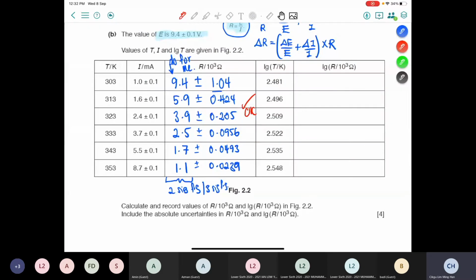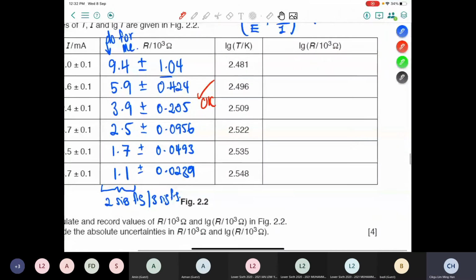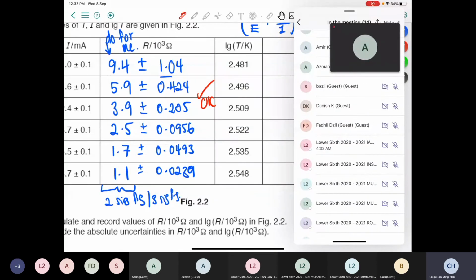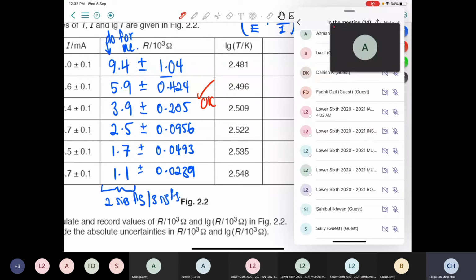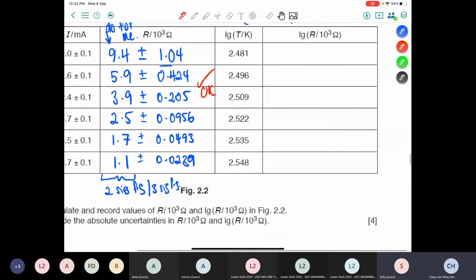Alright, so let me see with the log R. Anybody do the log R already? This will be the last one for today. Overshoot a bit today. Sally, have you done the last one? Log R? I haven't calculated the uncertainty.